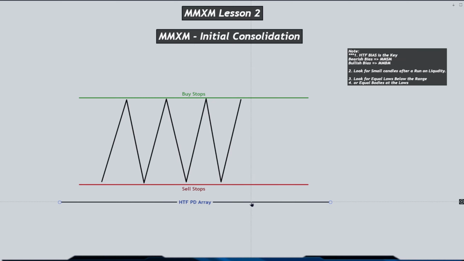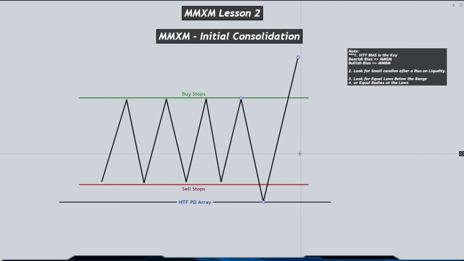Usually what we are willing to see is the market coming on top of that higher time frame PD array and then giving you the first move, which is the buy side curve of a market maker sell model.